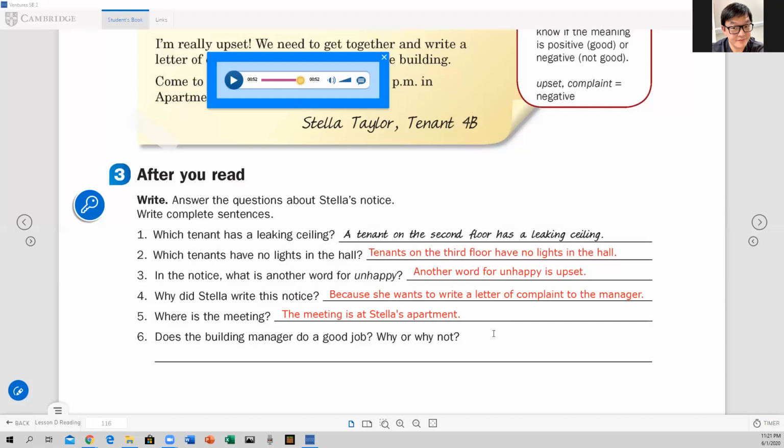And number 6, does the building manager do a good job? Why or why not? The building manager doesn't do a good job because there are many problems in the building.